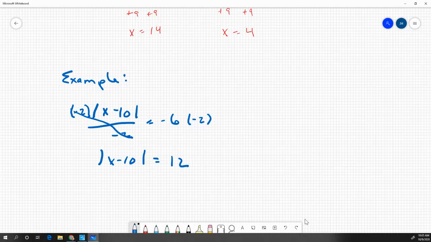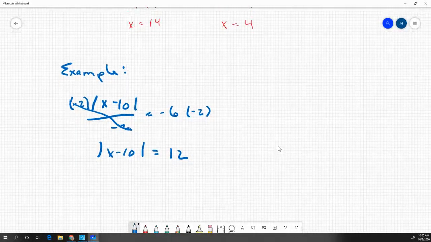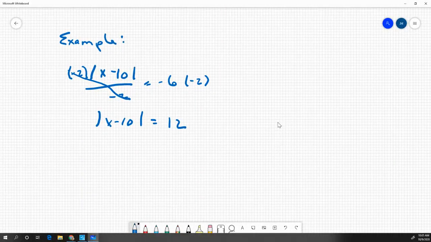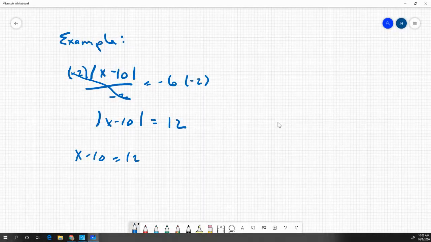And so this is a solvable equation, right? Because it's still positive. So now that we have the absolute value isolated, so it's the only thing on that side of the equal sign, we're going to go ahead and set up our two equations. We are going to have x minus 10 equals 12, and we're going to have x minus 10 equals negative 12.